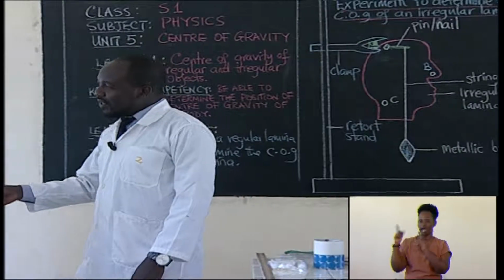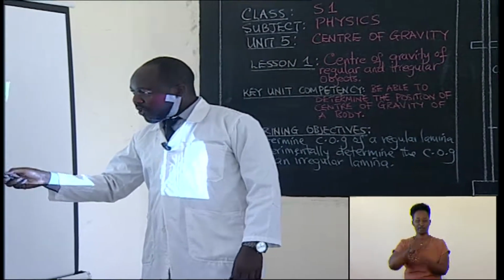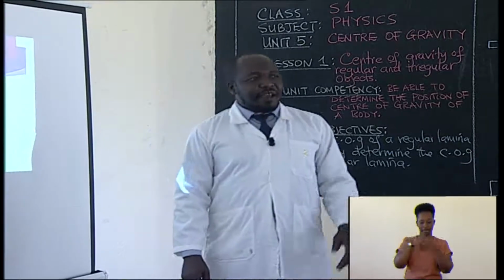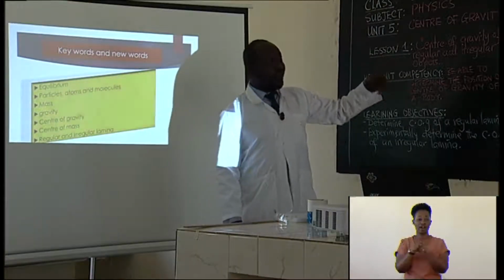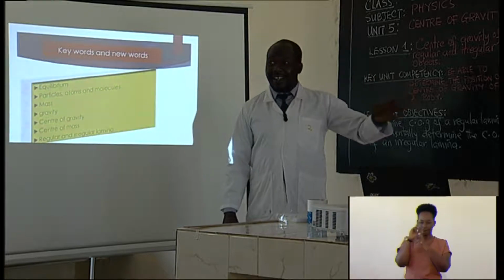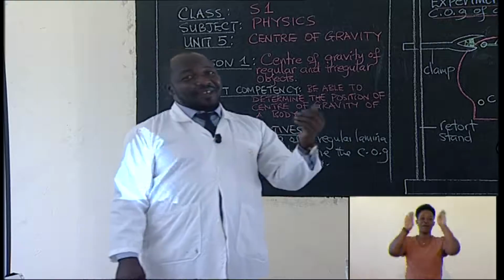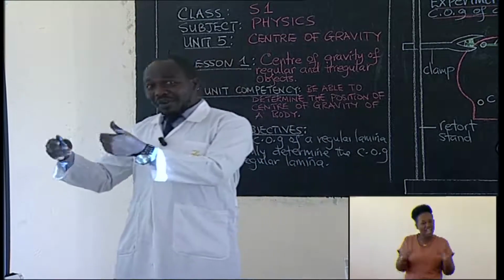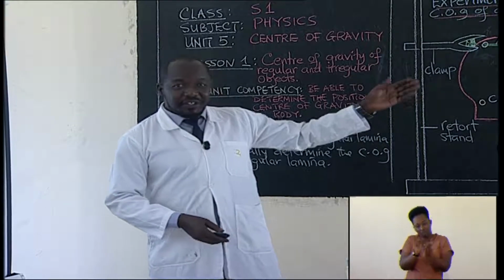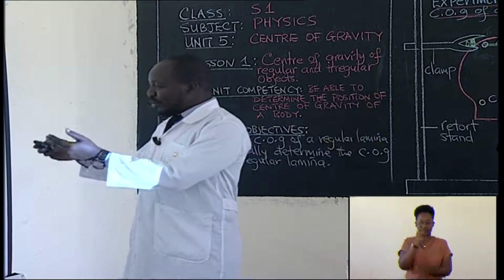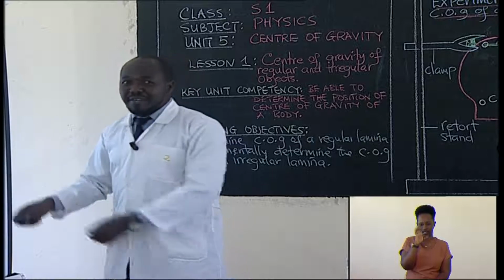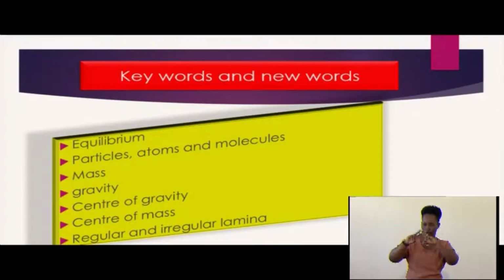So those are the new words that we should be able to look at today. Now, as we move through the lesson, we shall discover what those words are. But even if we don't, you can go to the internet or your textbook, remember our reference is on the board as well. You can go to the internet and search for some of those words. Okay, let's move ahead.